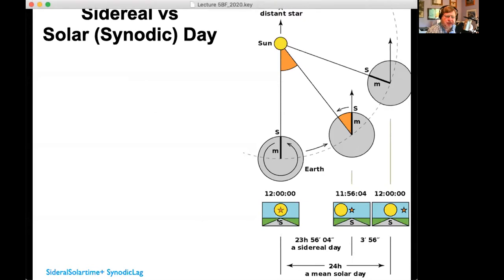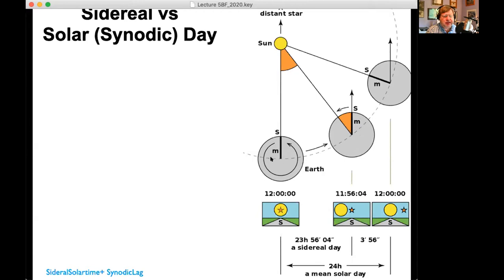So here is a graphic. If you can visualize this, you're looking due south in this particular graphic, and you are lined up with the sun and a star. Then 23 hours and 56 minutes later, you are lined up with the star right there, but not the sun. 4 minutes later, you're lined up with the sun.